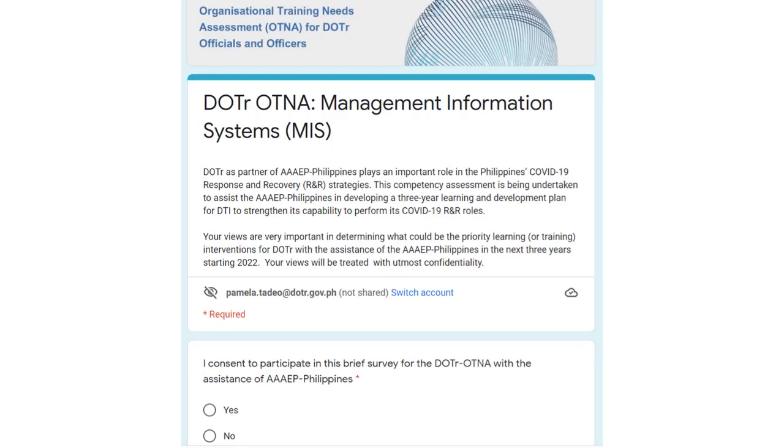So the purpose of this is to provide the DOTR employees some training that we need that cannot be provided by the DOTR. So sometimes we also have extended help from other organizations like the Australian Awards.